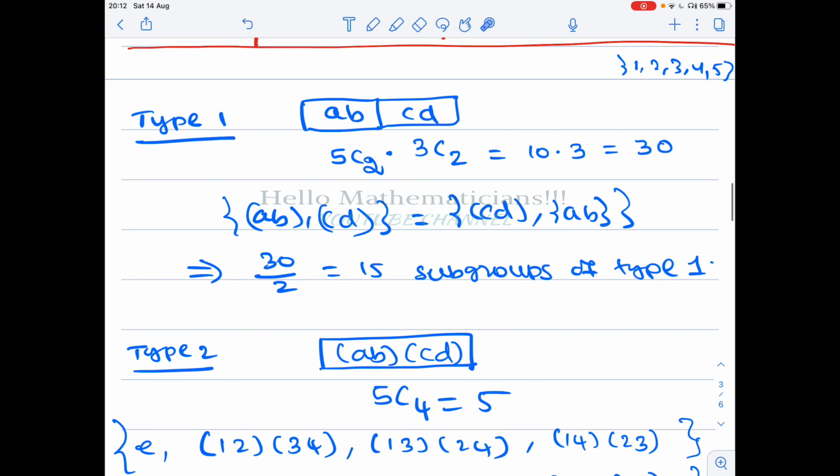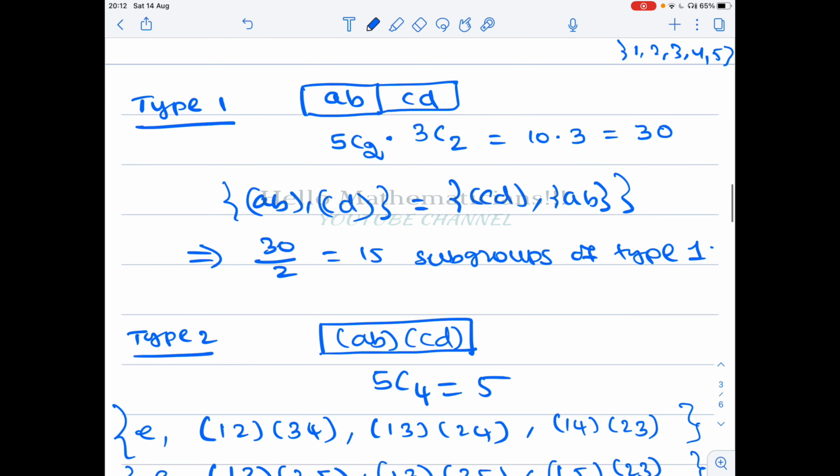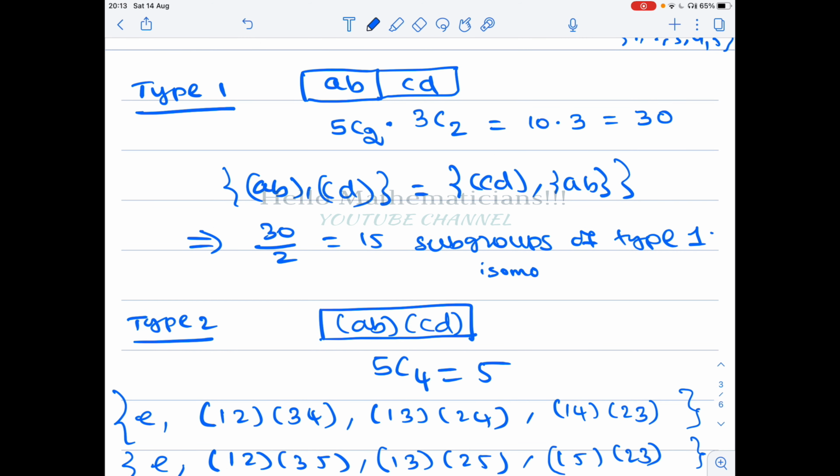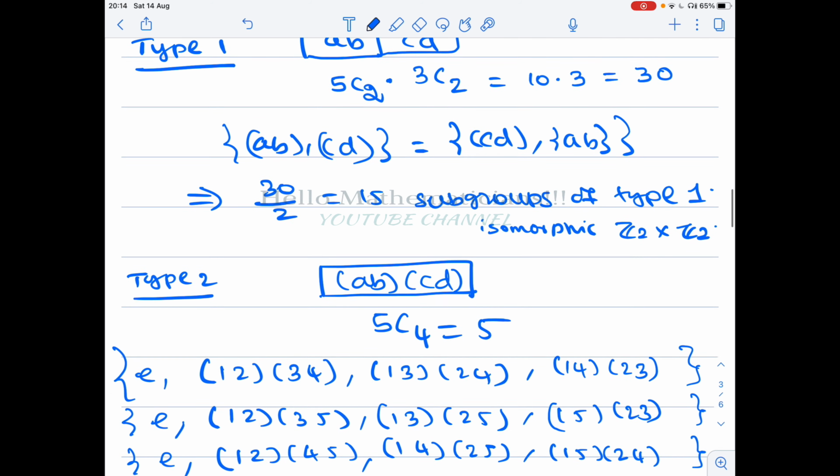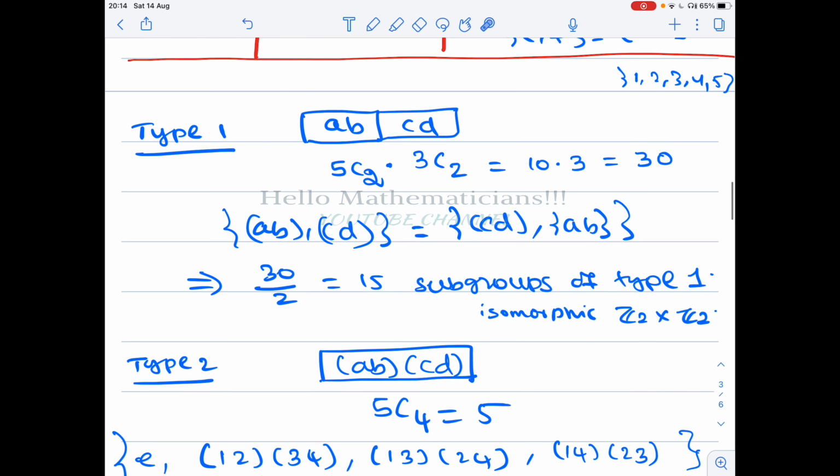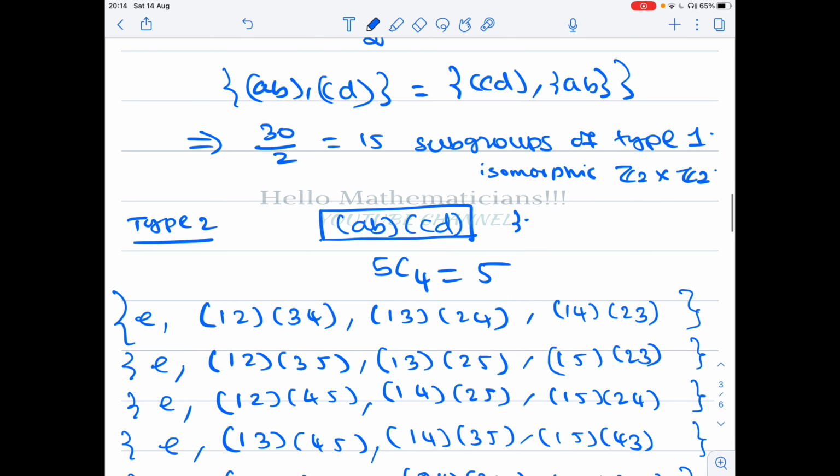Okay, so 15 subgroups of type 1 isomorphic to Z2 cross Z2. We just saw that there are 15 such possible sets. With each set, you include the identity element, then you have AB, then you have CD, then you add ABCD, that product.